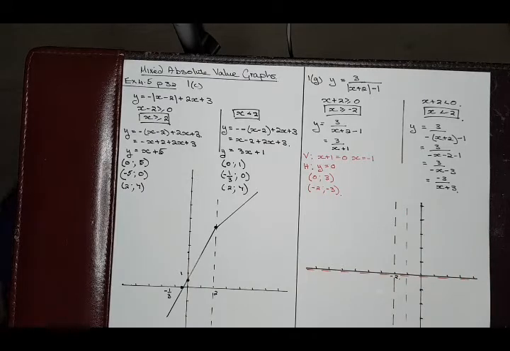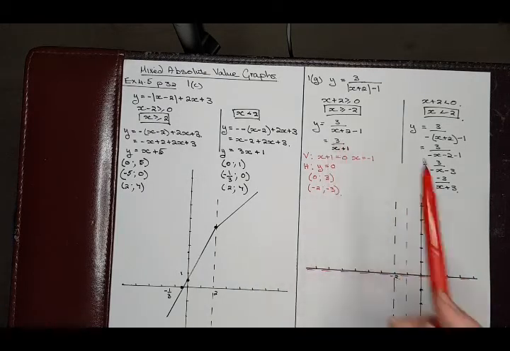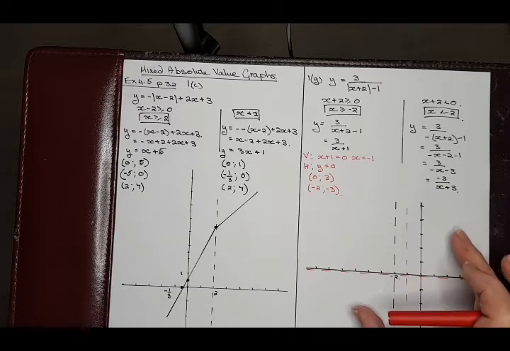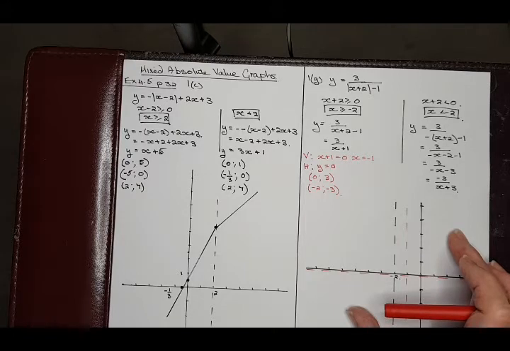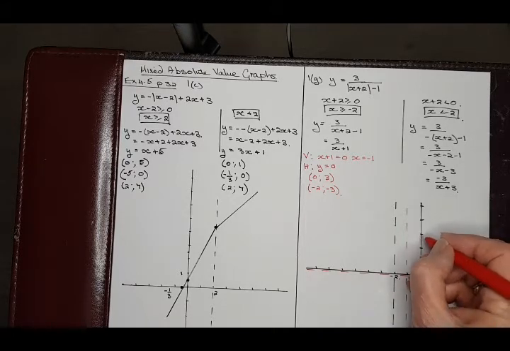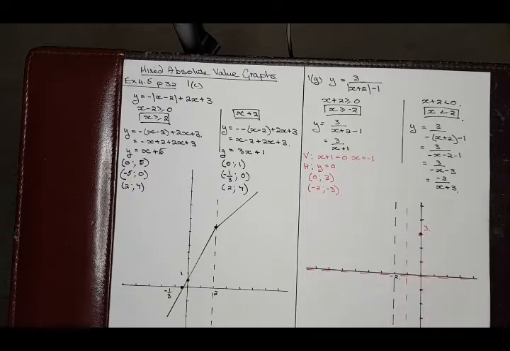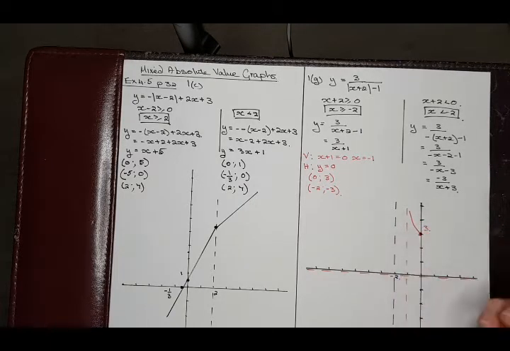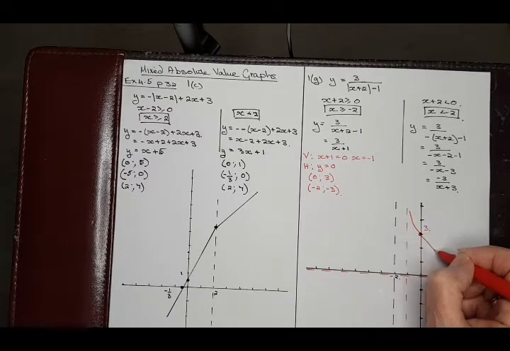It's a positive 3 on the top, so I know that my graph would normally be in those two quadrants over there. If x is equal to 0, my y value is going to be 3. That quadrant poses no problem to us whatsoever. We can just draw our hyperbola in like that.